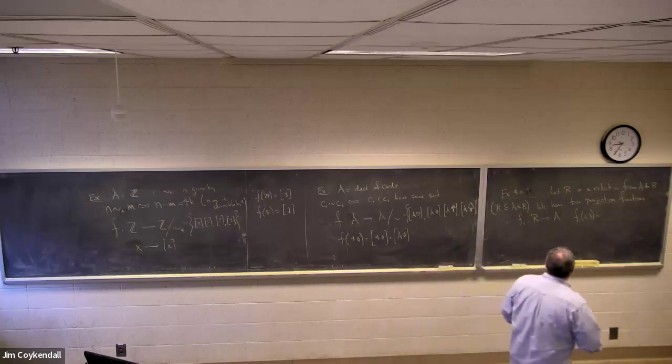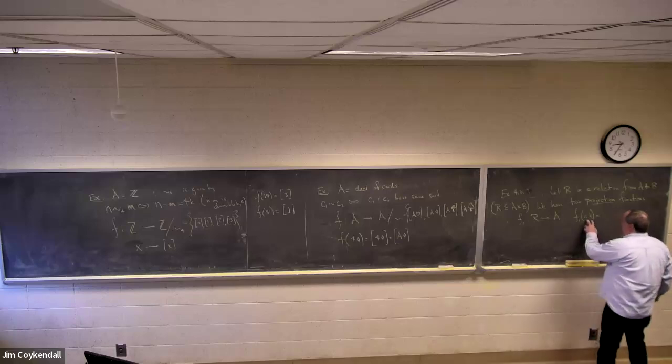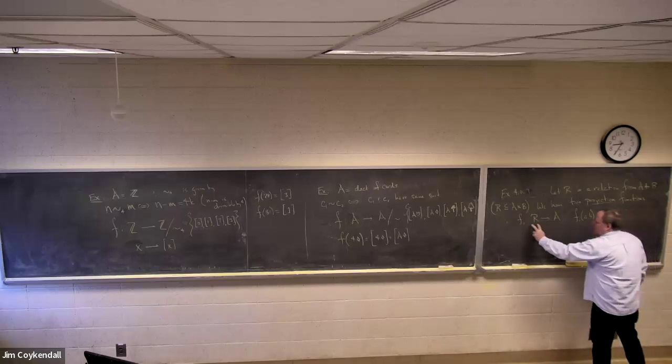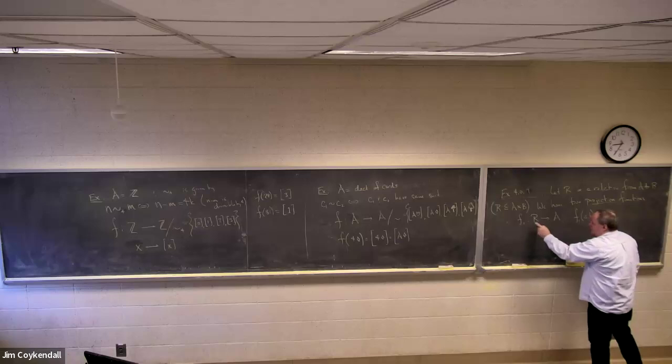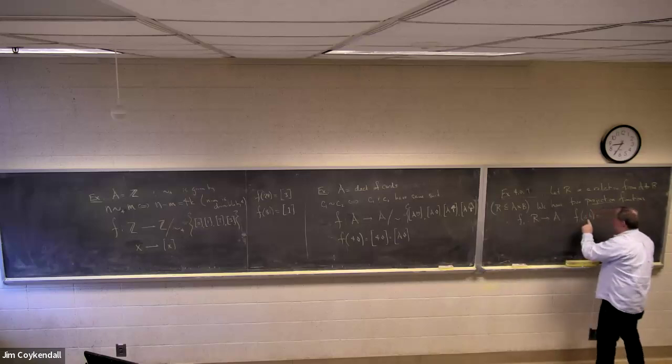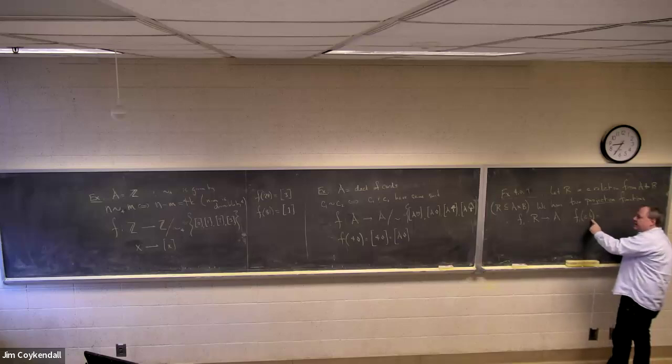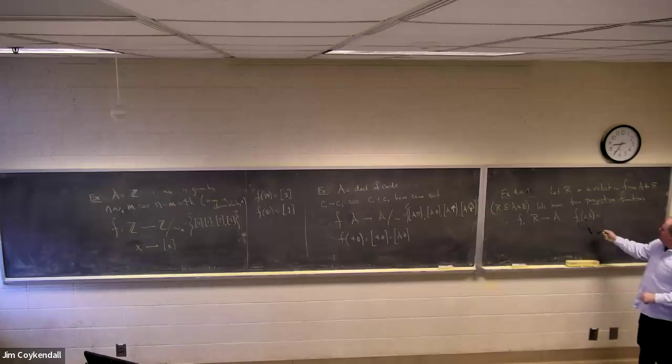All right? The input is something in this relation, a subset of A cross B. So something in the domain looks like an ordered pair A, B. What is the easiest way that you can cajole an element of A out of this? What's the most natural way to input this and give me an element of A?